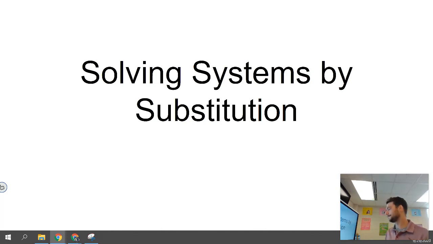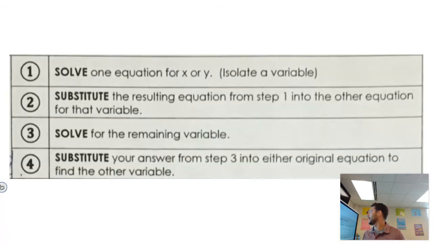So with substitution, we have four plans. First, we need to solve or isolate a variable. So we need to get a variable X or Y, or maybe they'll use different variables, but we'll need to get one of those two variables all by itself so that we can then substitute what it's equal to into that equation. So then part two is to substitute the resulting equation from step one into the other equation for that variable.